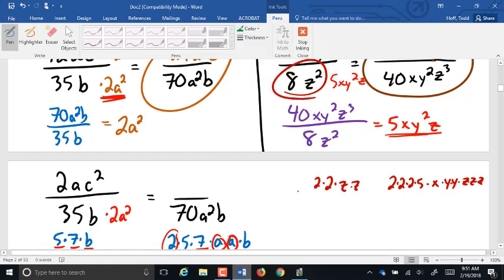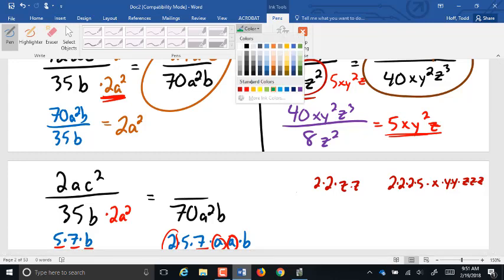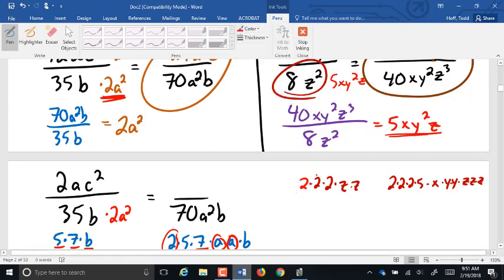Again, we could look at that and say both of them have 3 2's, both of them have 2 z's. What's missing is the 5, the x, a y, and a z. That is 5x y squared z, which is what we ended up multiplying by up here.